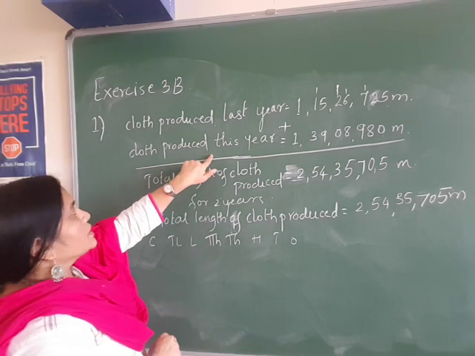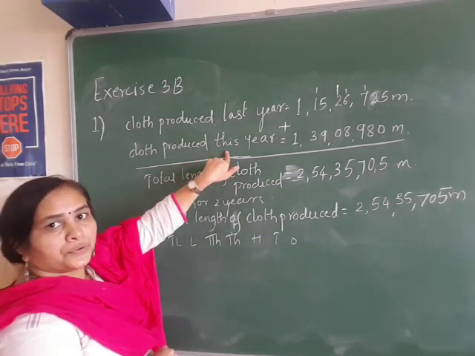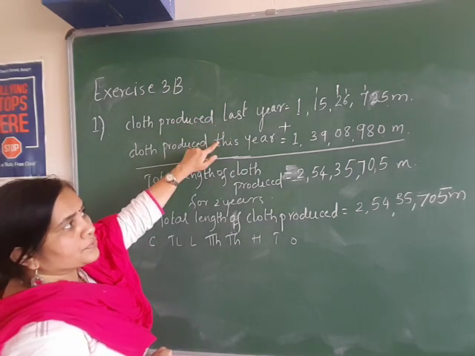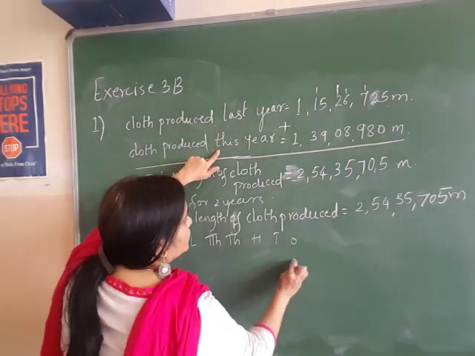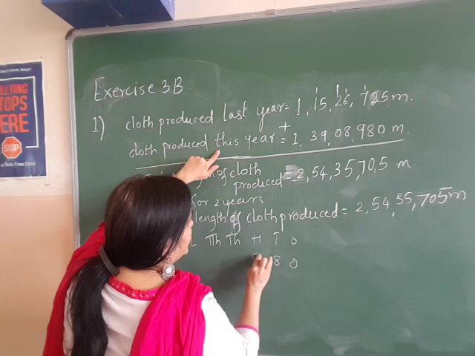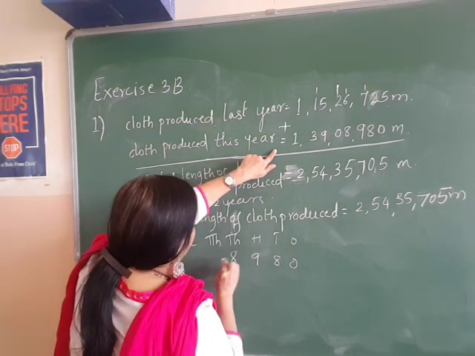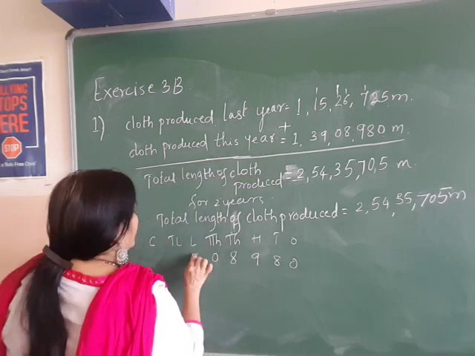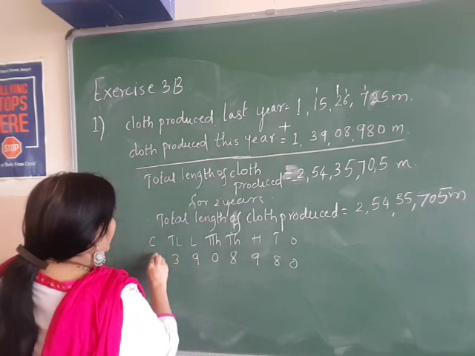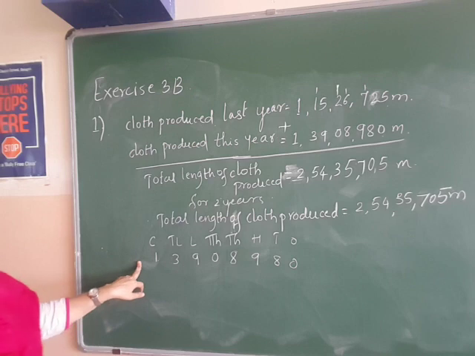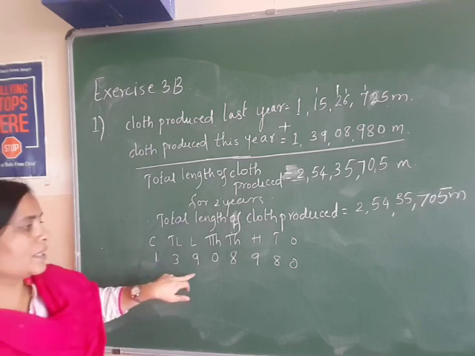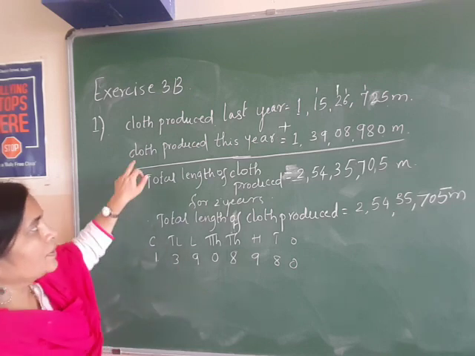We have to subtract this year's production minus last year's. So here 0, 8, 9. This year it is 9, 8, 0, 9, 3 and 1 crore. So 1 crore 39 lakhs 8,980 was produced this year.